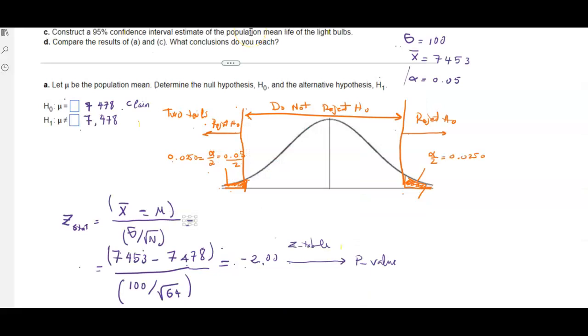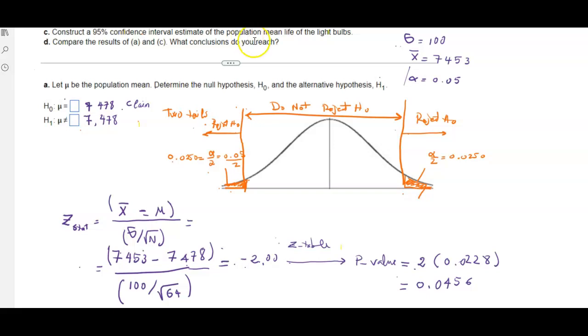The value we just read is half of the p-value, so the p-value will be 2 times 0.0228, and we end up with the p-value equal to 0.0456.